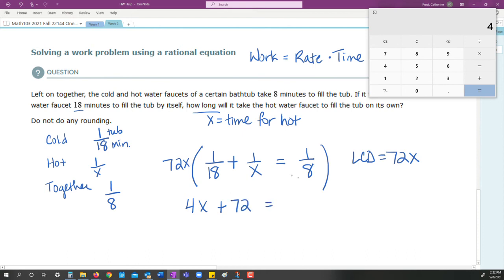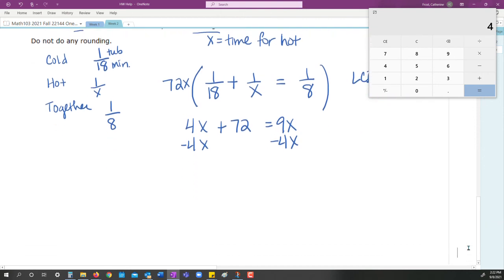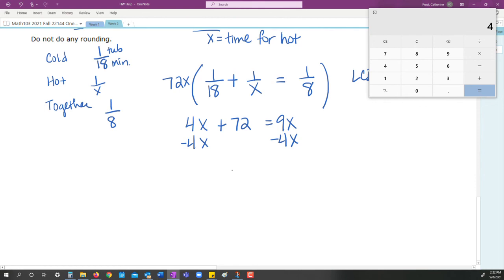And then on the other side, 72 cancels 8, so I'm left with 9x. So now this is not bad. Let's get our x terms on one side. So subtract 4x from both sides. And we're going to have 72 is equal to 5x.